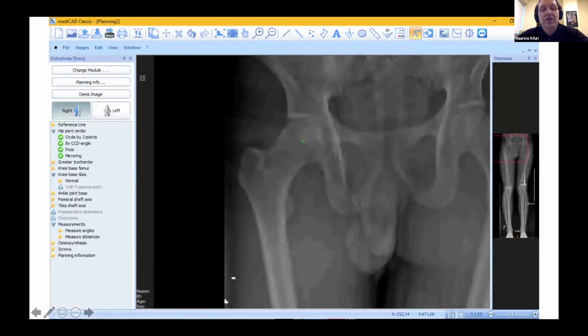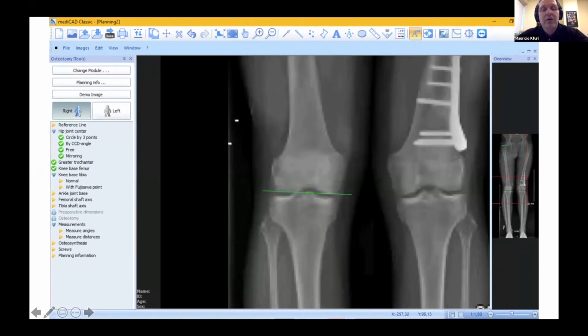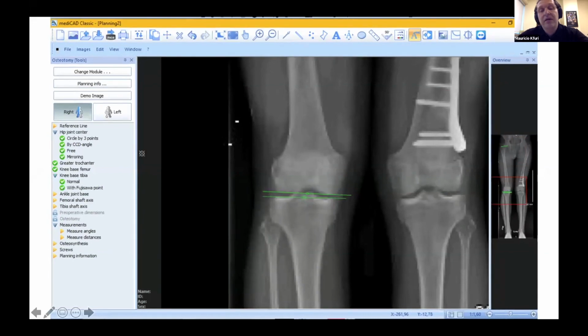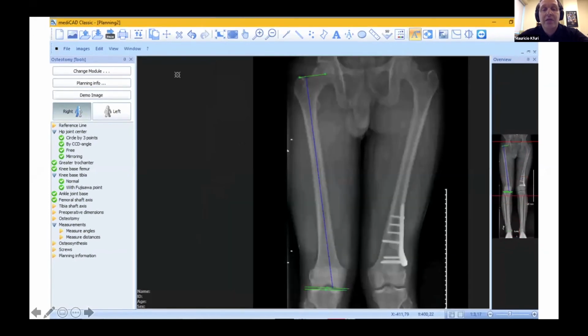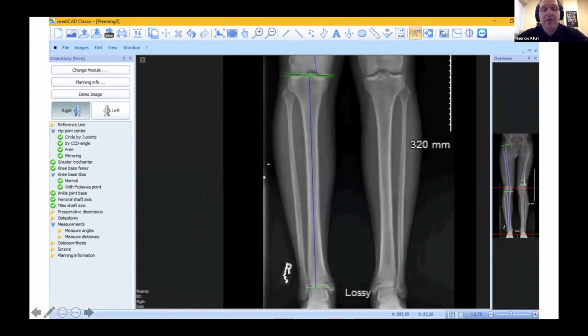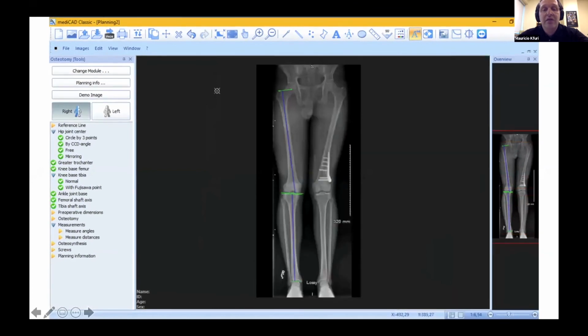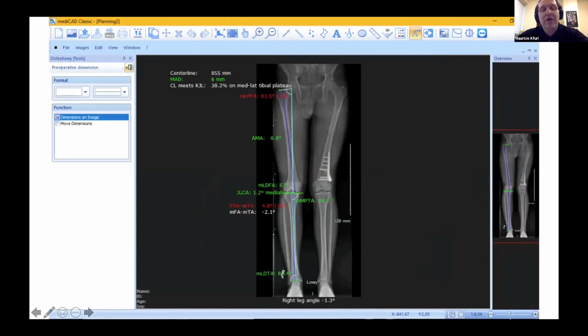Then you determine the center of the hip, the greater trochanter, a tangent to the femoral condyles, a tangent to the tibial plateau, a tangent to the talus, and then the femoral axis, the tibial axis. And with all those lines that you have now, you already have the opportunity to determine the joint orientation angles for this particular side, and you have it automatically calculated by the software.